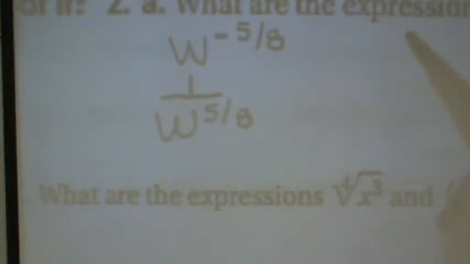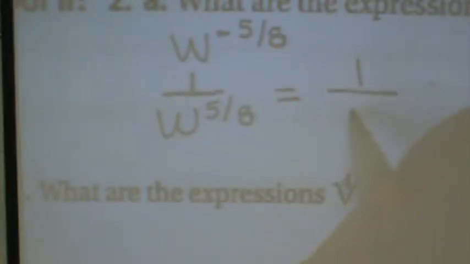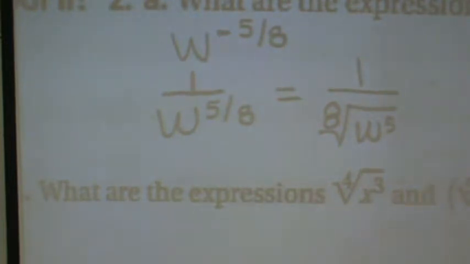Why did I get rid of that negative? We want positive exponents. Now convert it. One over the 8th root of W to the 5th power. Do you get this? Okay.